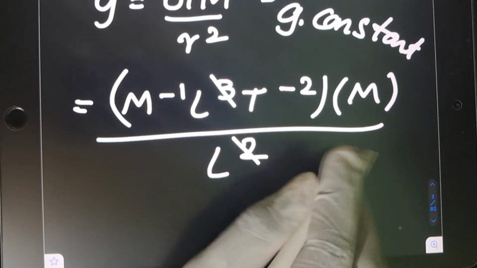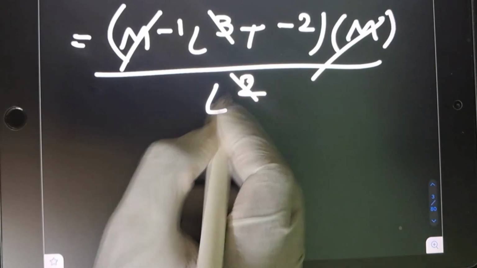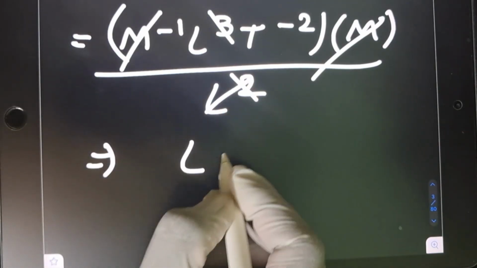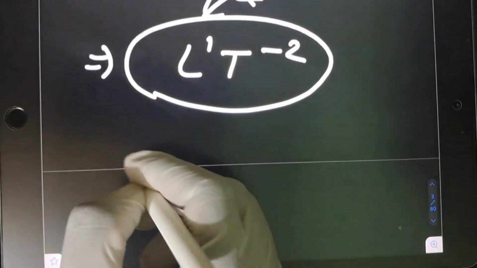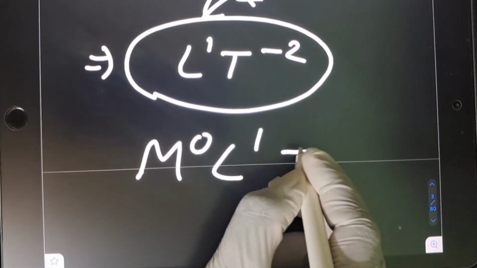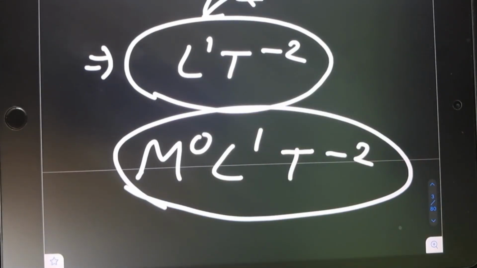On cancellation of length dimension and mass we get M power 0 L power 1 T power minus 2, L power 1 T power minus 2. This is the acceleration due to gravity, M power 0 L power 1 T power minus 2.